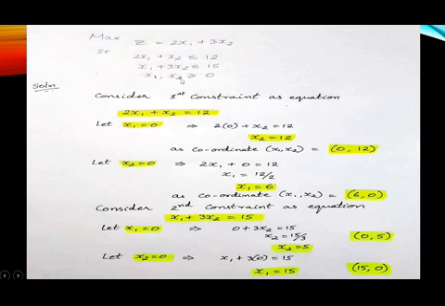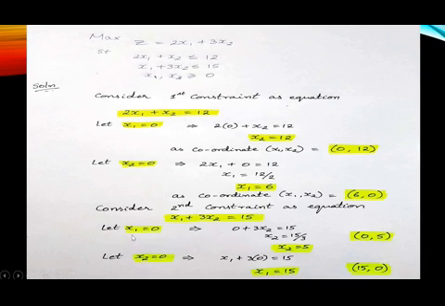Okay. Now consider the second constraint. Going on to the second constraint, it is x1 plus 3x2 less than equal to 15. So this less than equal to, I should make it equal to, right? Consider second constraint as equation. It becomes x1 plus 3x2 is equal to 15.